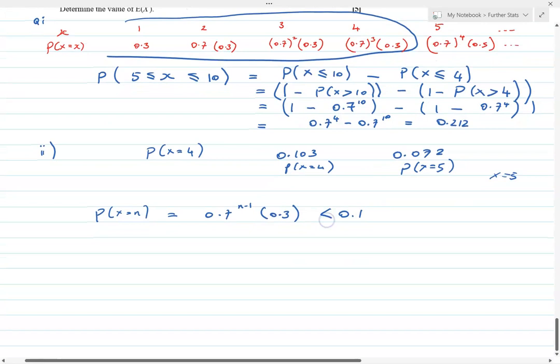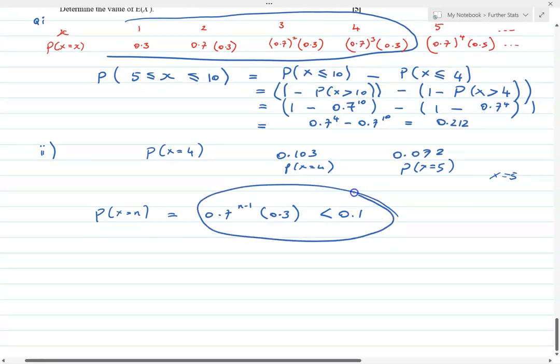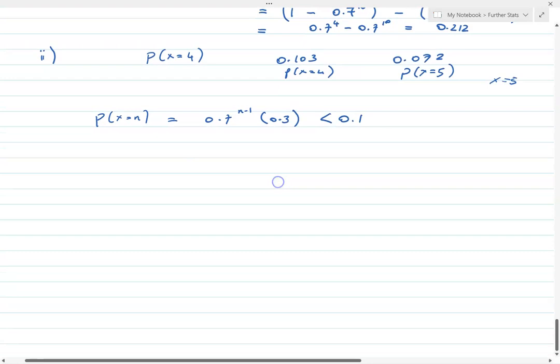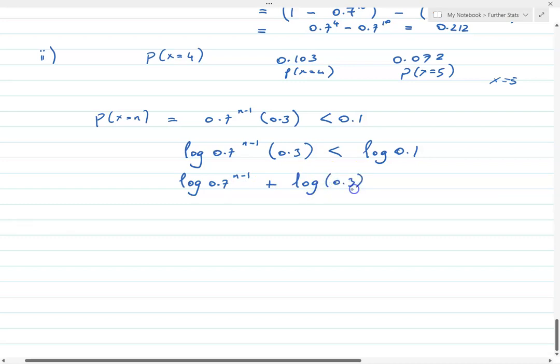So I'm going to take logs both sides of this thing here, logs base 10, so log of 0.7 to the n minus 1 times 0.3 is less than log 0.1. Doing a bit of rearranging of this, first of all, that's log 0.7 to the n minus 1 plus log 0.3 is less than log 0.1.